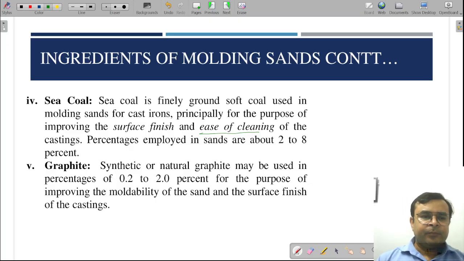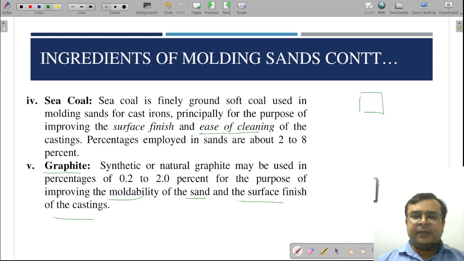And graphite, of course, synthetic or natural graphite, may be used in a percentage of 0.2%, and its purpose is to improve the moldability of the sand and the surface finish of the casting. See, suppose this is a pattern and this is a mold box, and when you fill the molding sand, after that we need to do the ramming action.